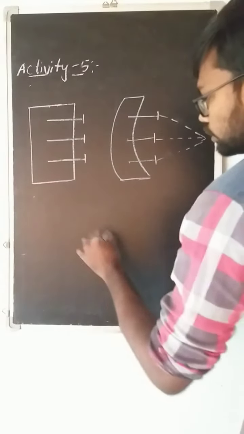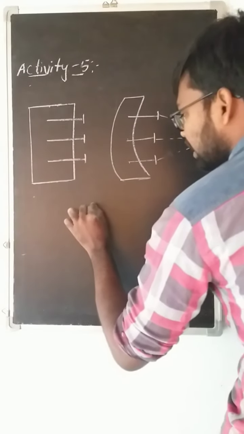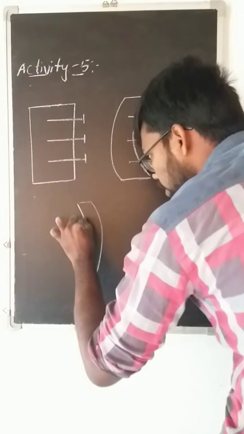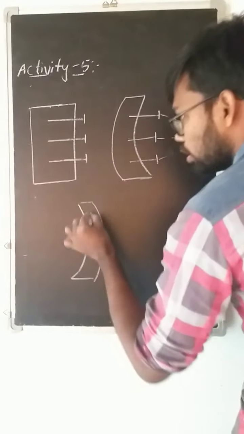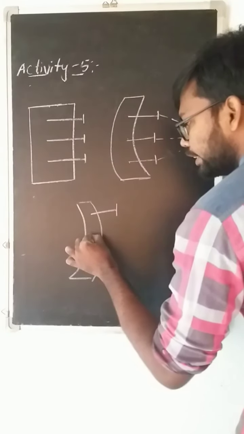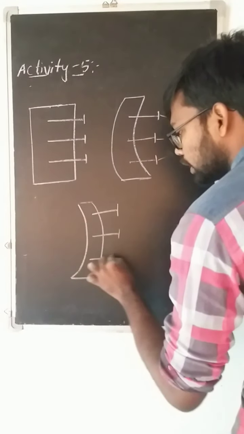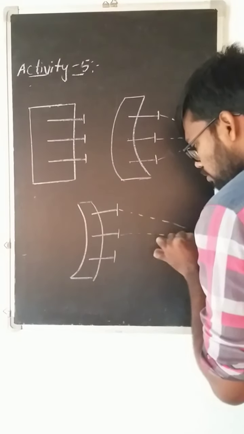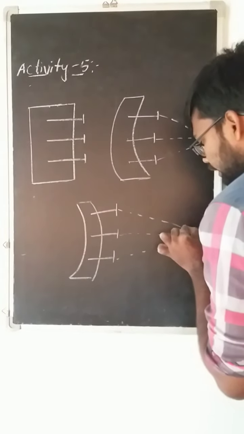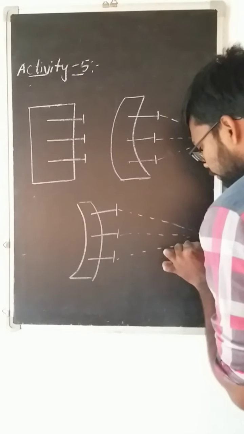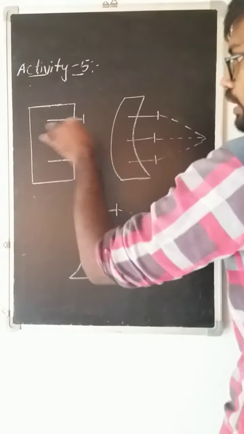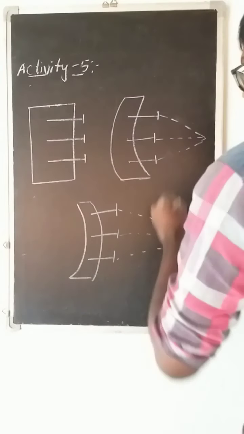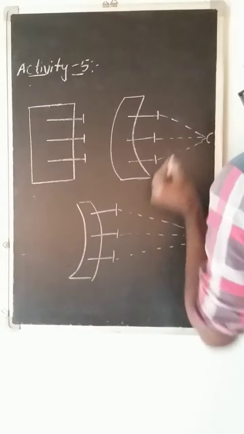Now bend the rubber sheet in this direction. Now stick the pins in this direction, on this side, at the back of the mirror. Simply we can say this is the plane mirror, this is the spherical mirror.